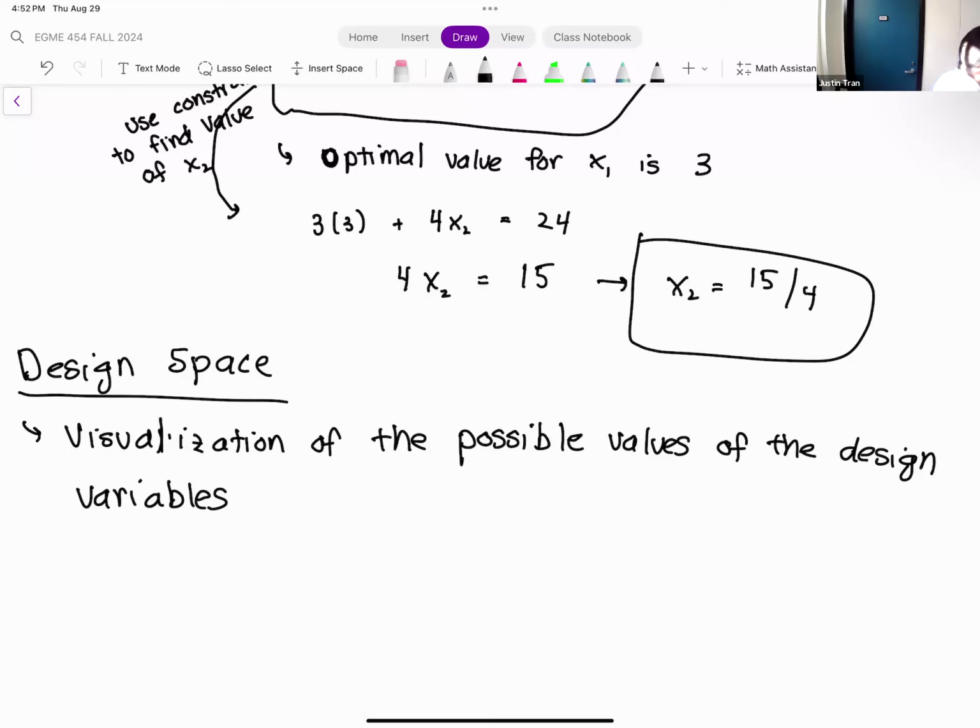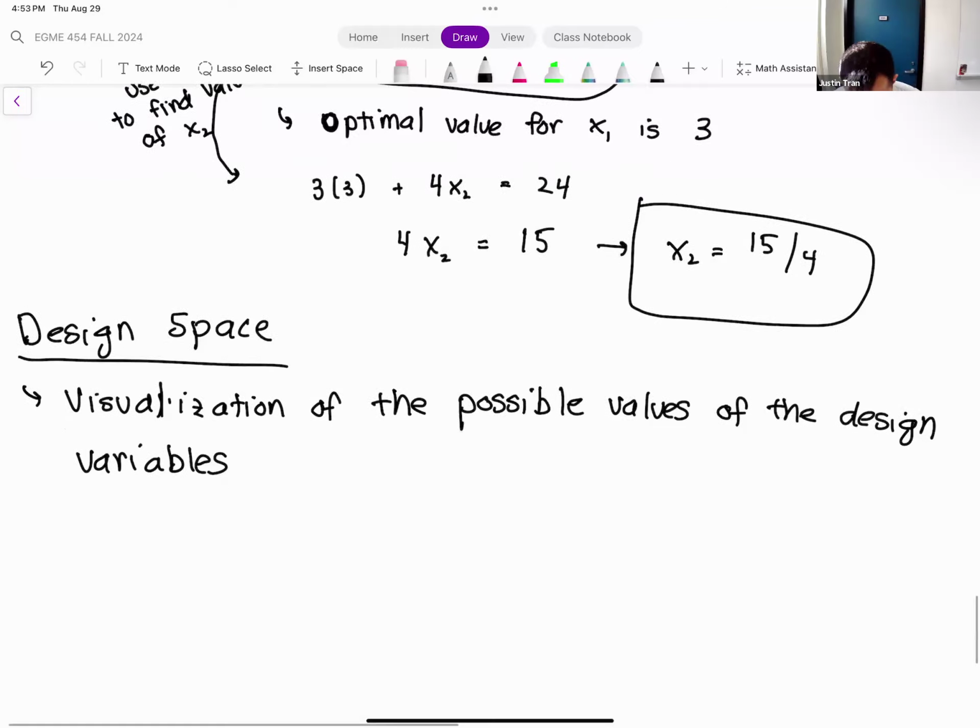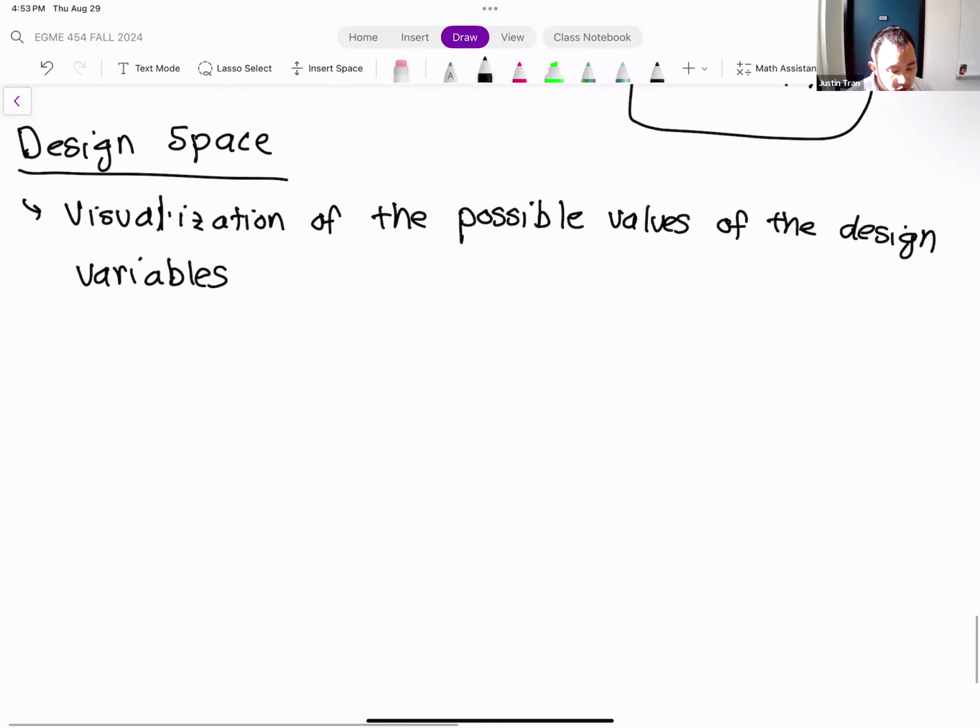Remember, we haven't got to optimizing yet because we haven't got to the objective function. But even before you start optimizing, it's always good to visualize your design space and what the permissible values are. Just based on our concept of perceiving a three-dimensional world, and also limited by our abilities to draw, usually we're only going to use design spaces for 1 and 2D problems.